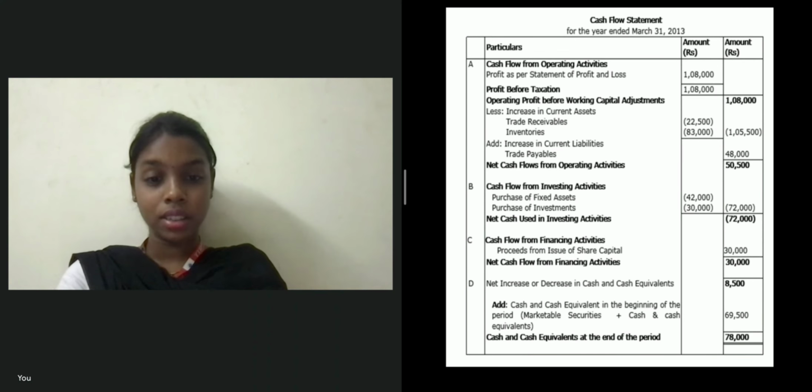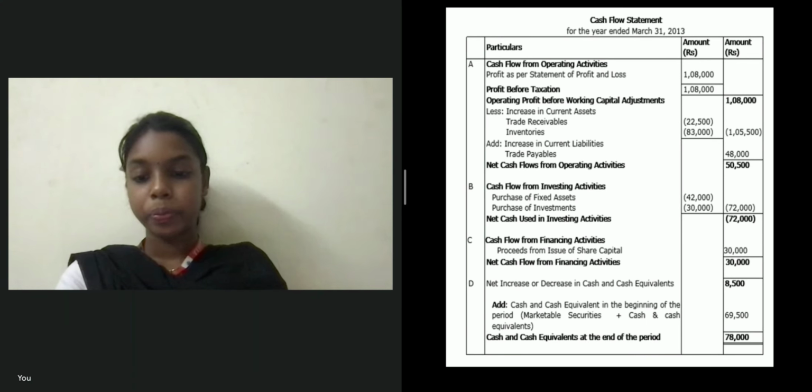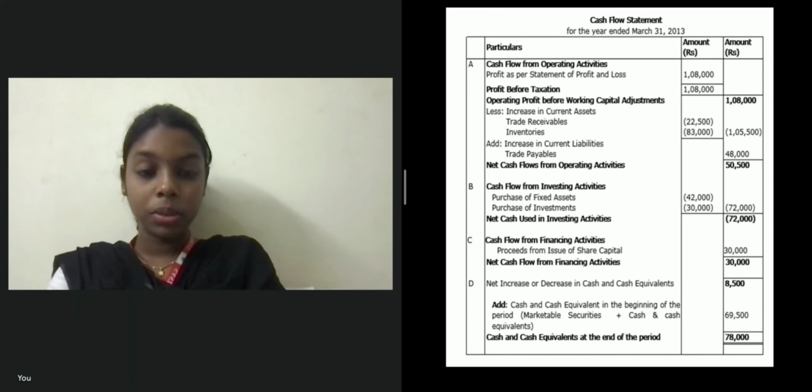So the company's cash flow statement comprises the cash flow from operating activities, the cash flow from investing activities, the cash flow from financing activities, and the net increase or decrease in cash and cash equivalents, in total 78,000. We have to add the current investments and the cash and cash equivalents, which are 8,500.